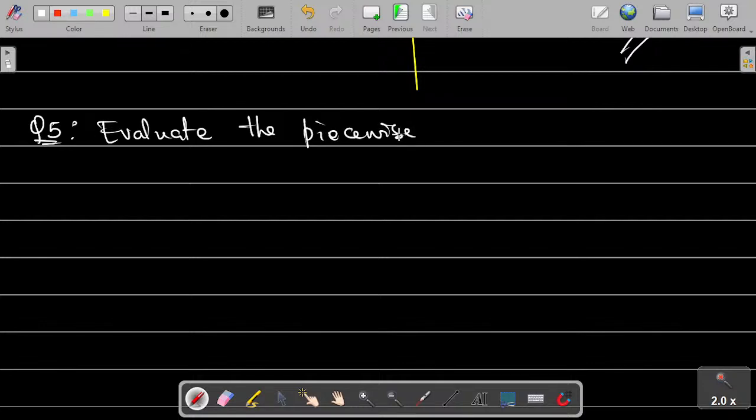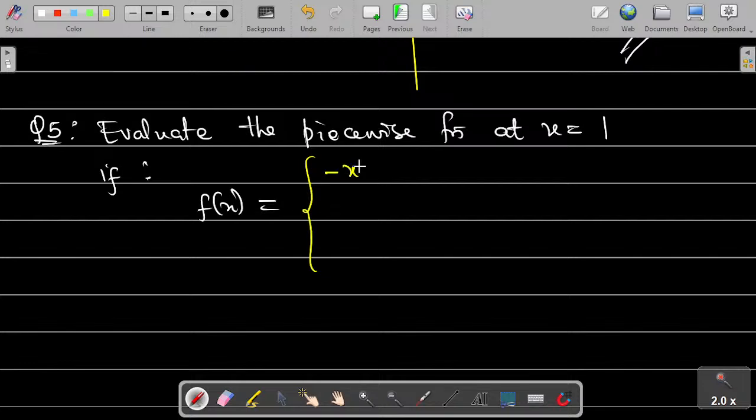What's the piecewise function given? They said at x equal to 1, if f of x is equal to, look at the f of x here, minus 2, where x is strictly less than minus 2.